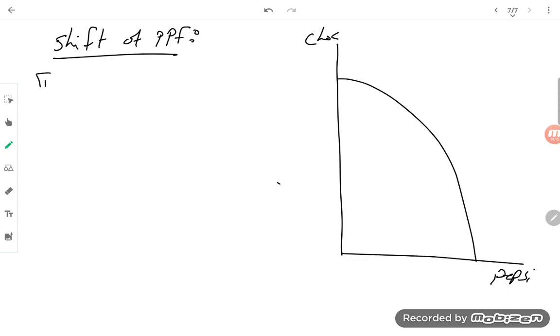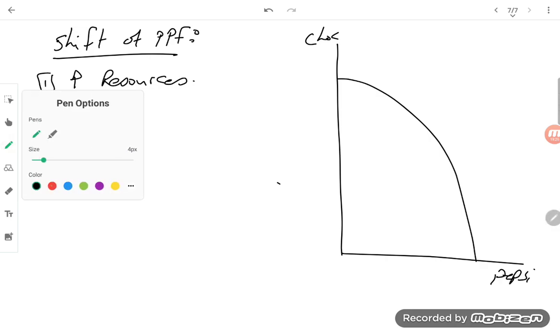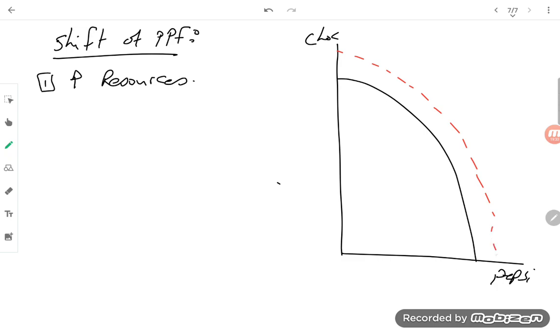This is the initial situation before the change in technology or resources. Now let's assume that resources are going to increase. As a result, we can produce more of the two commodities. So PPF curve will shift to the right. If resources are going to decrease, PPF curve will shift to the left.